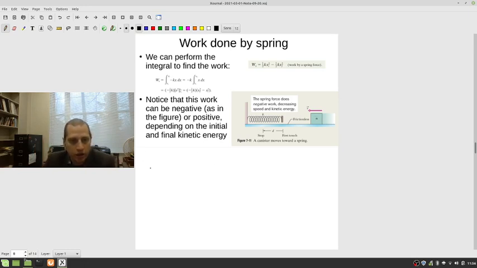How does that work? Well, let's see. The work generally would be force times distance. And notice I am going to, instead of doing this just as F times x, turn it into an integral because my force is itself a function of x.